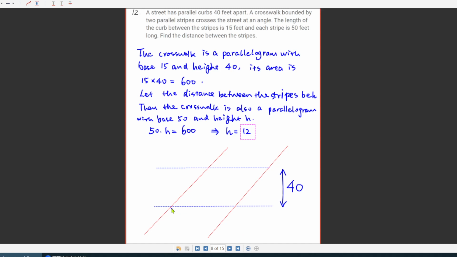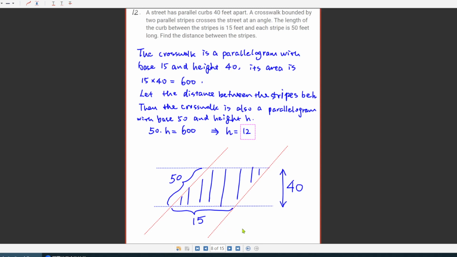And you also know the length of the curve between the strips is 15. And each strip is 50 feet long. Then that means we know that this length is 50, right? So if we consider the parallelogram here, then we can use this area to solve this question.